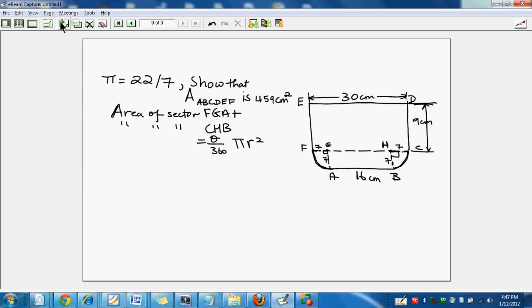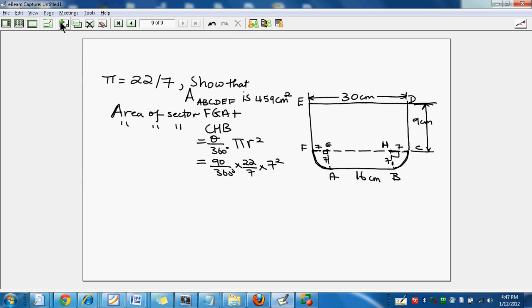So if we put in the values that we have, we'd put 90 as the angle in the sector over 360 degrees, multiplied by pi, which we were told is 22/7, by r squared. R is the radius, which is 7 squared.